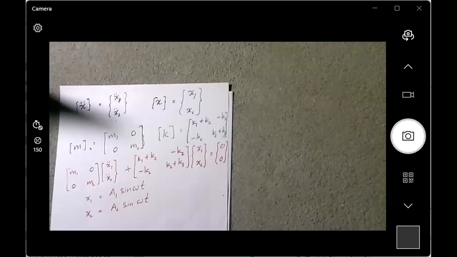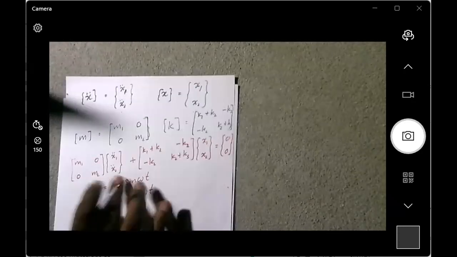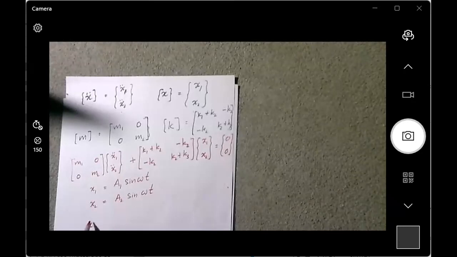Right now, x1 and x2, these two are the forms. You can find x1 double dot and x2 double dot and put them in the governing equations.